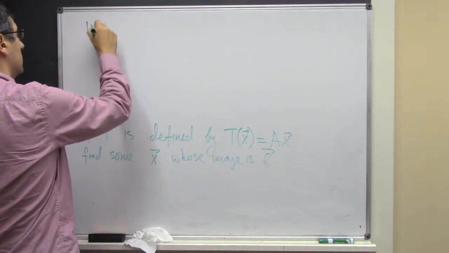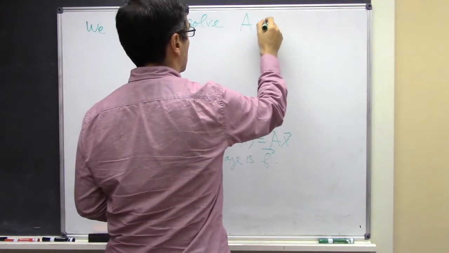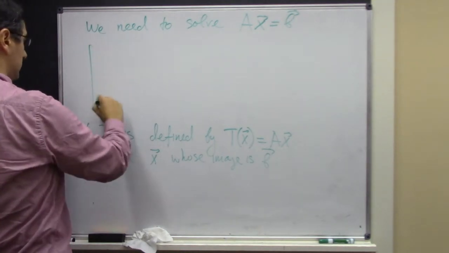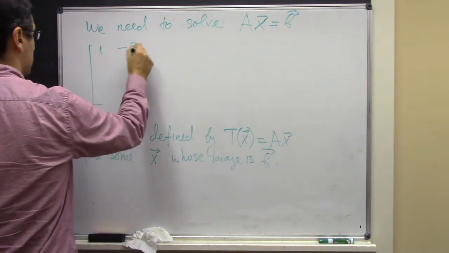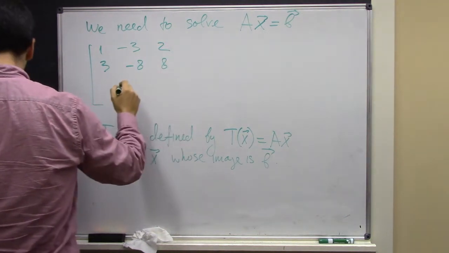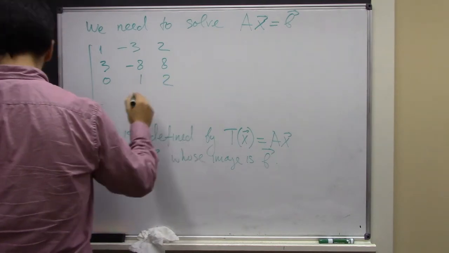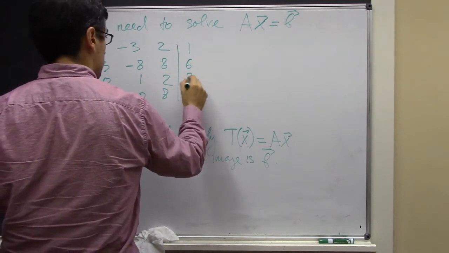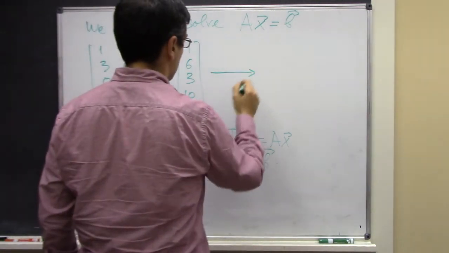So we need to solve Ax equals b. For that you write the augmented matrix, and then you have to bring this to reduced echelon form.